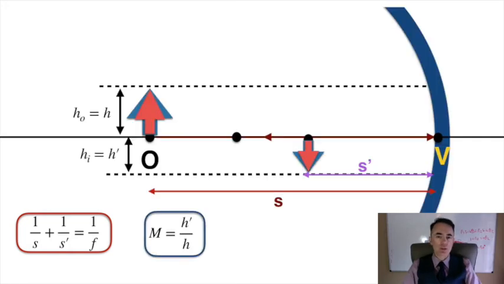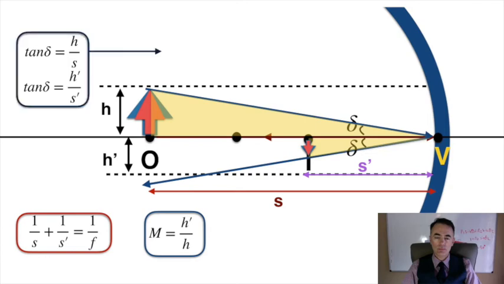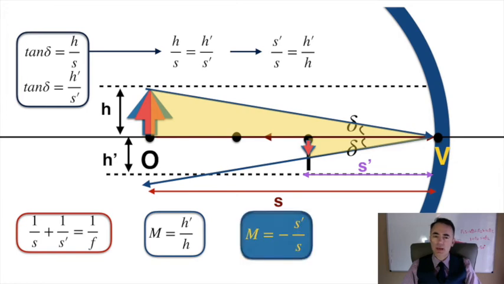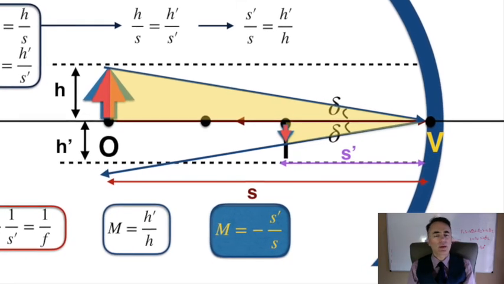We define it as h sub I over h sub O, which, looking at these similar triangles, we find that the magnification can also be written as negative S prime over S. Here we have introduced the negative sign so that when the image is oriented as the object, the magnification is positive, and when the image is inverted, the magnification is negative.